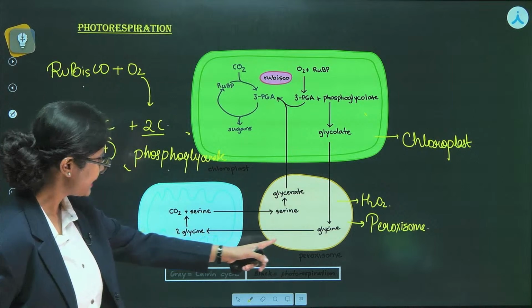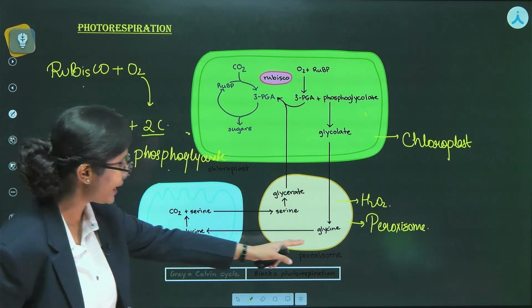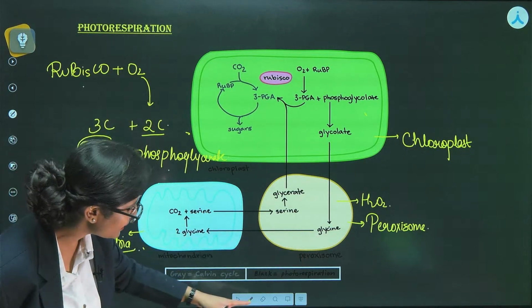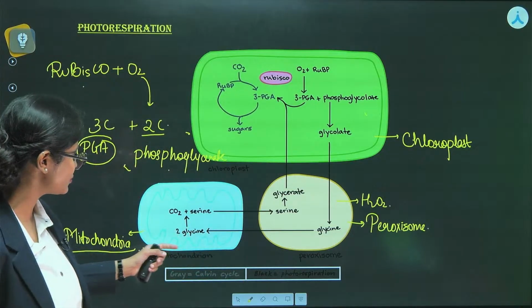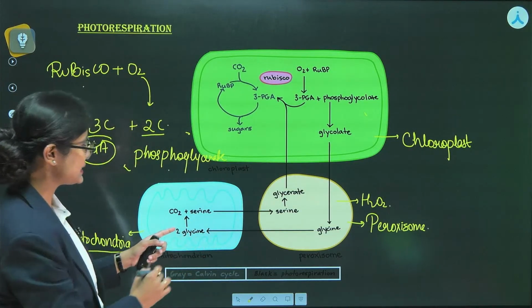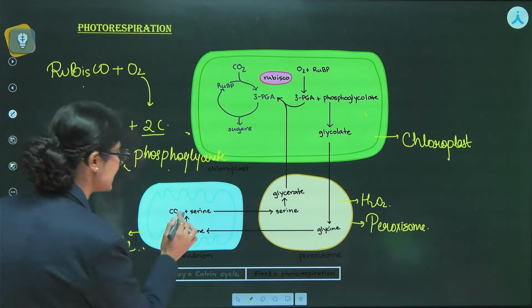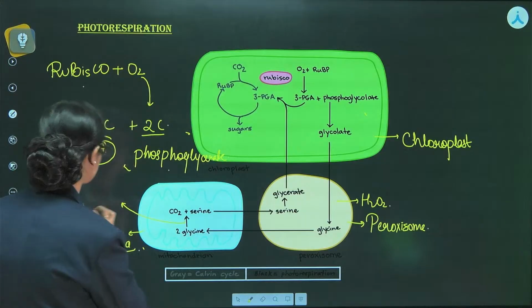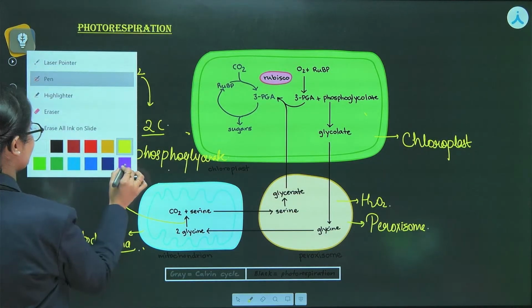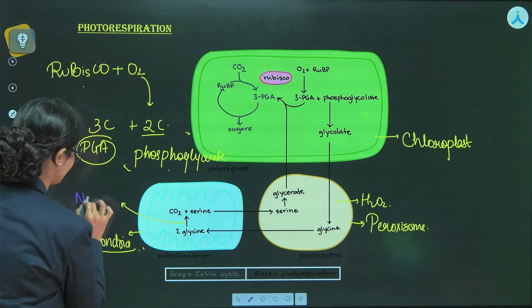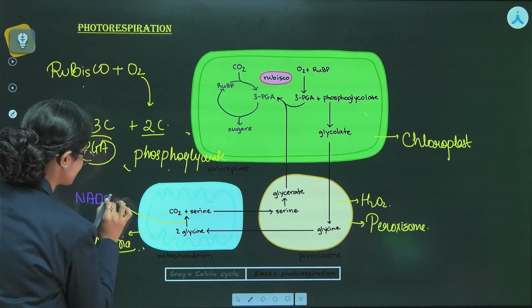While moving glycine from the peroxisome to the mitochondria, this glycine gets converted into serine, which is another amino acid. Here a molecule of NADPH is utilized.